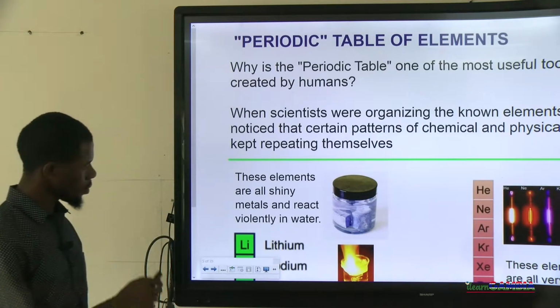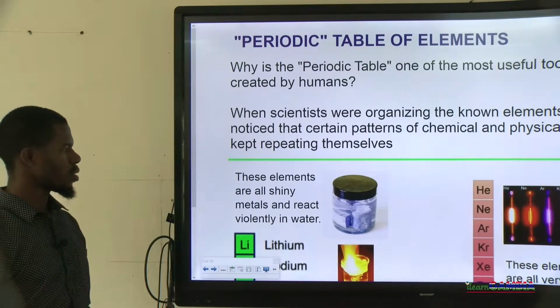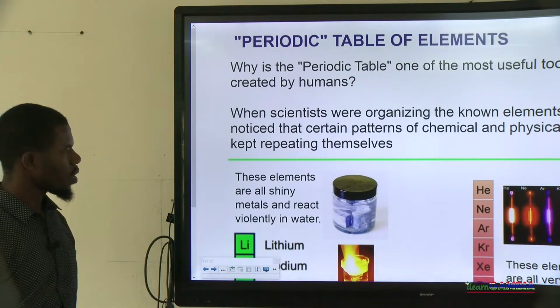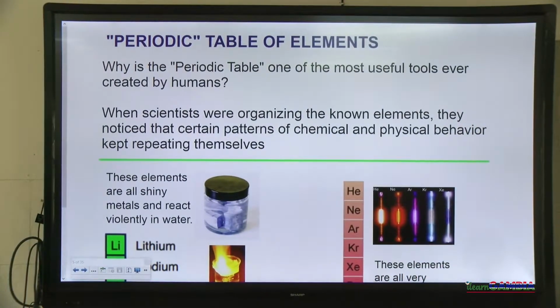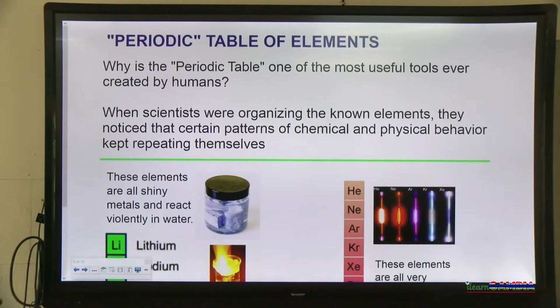So again, attaching that analogy to the concept of the periodic table, when scientists were organizing the known elements, they noticed that certain patterns of chemical and physical behavior kept repeating themselves. In other words, the properties of certain elements keep on recurring even though they are different elements.